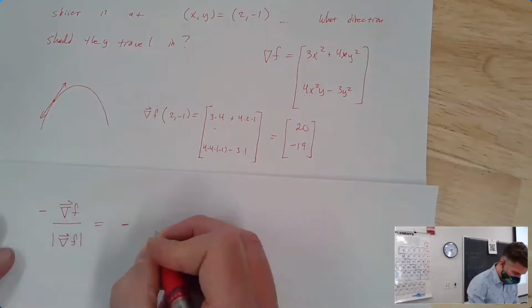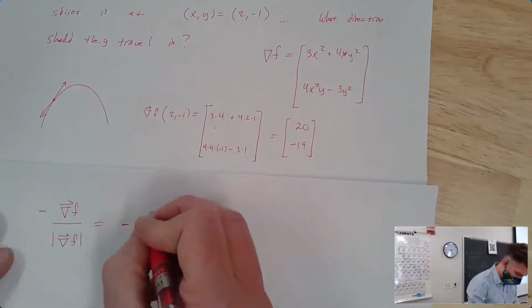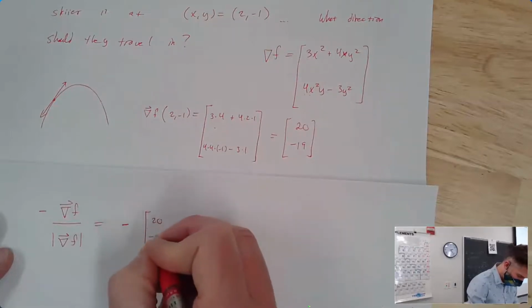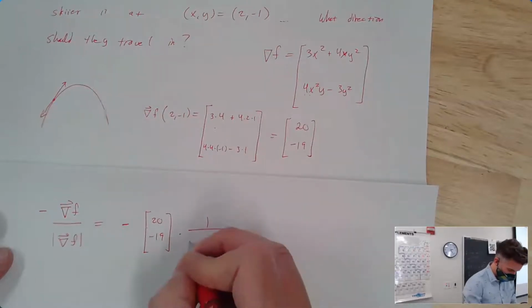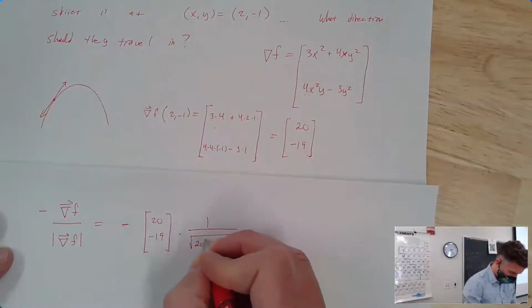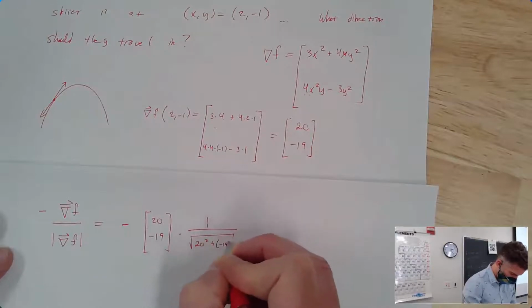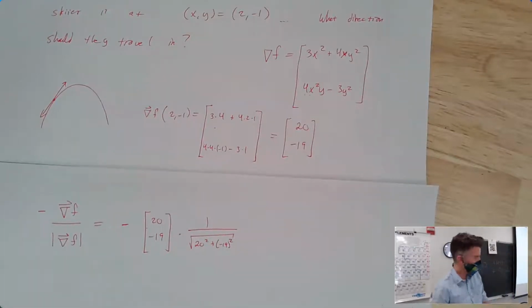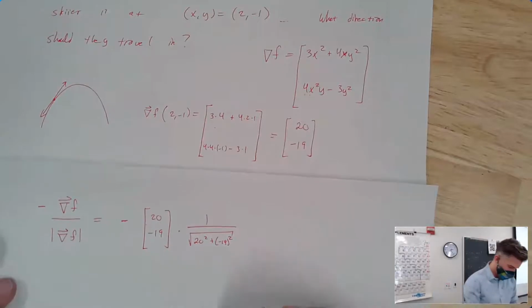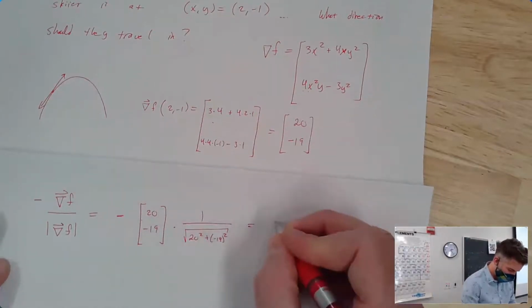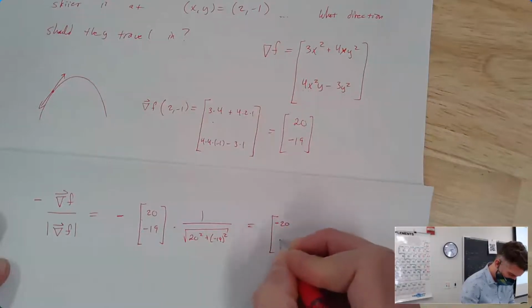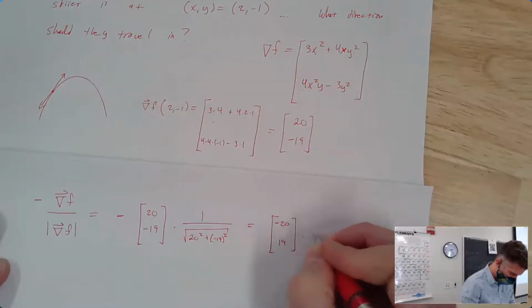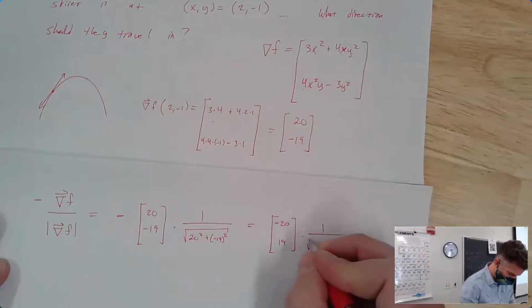That's going to be negative this vector times 1 over the magnitude, which is the square root of 20 squared plus -19 squared. And honestly, the only thing I might do after that is distribute the minus sign and say it's -20, 19 times 1 over that number there.